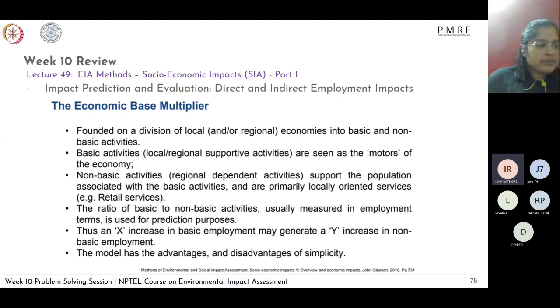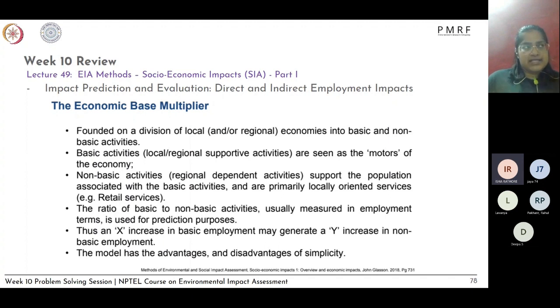Basic activities include the local regional supportive activities, which can be seen as the drivers of the economy in that area. Then the non-basic activities include regional or regional-dependent activities. So these are what supports the population, which are associated with the basic activities, like the retail services.